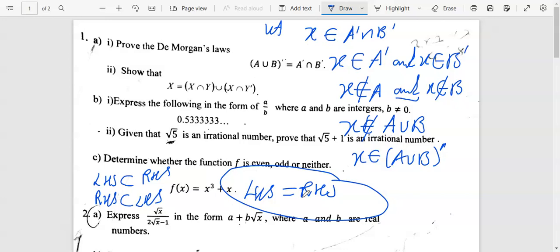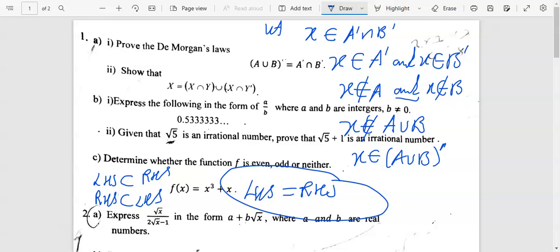Are we good? So if you just use one side, then you've not shown, because it's concentrated on one side. So when showing, you're supposed to prove that both sides are going to be correct.